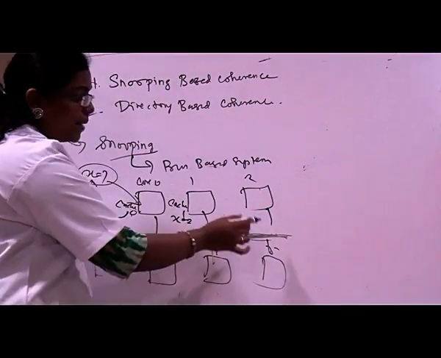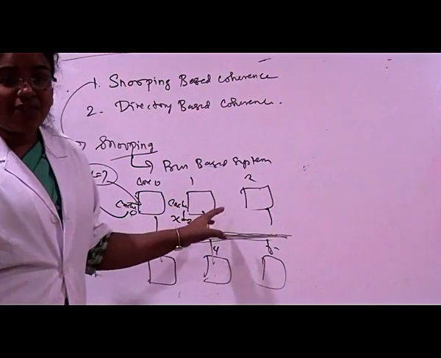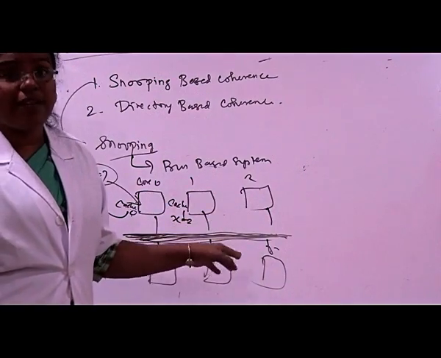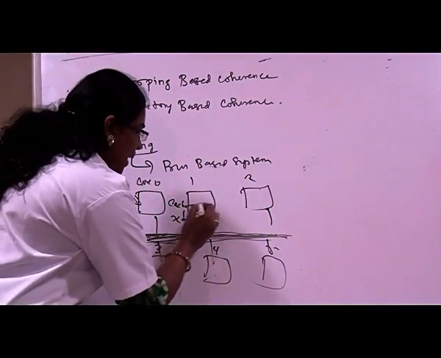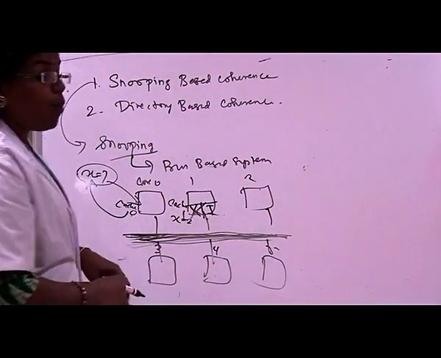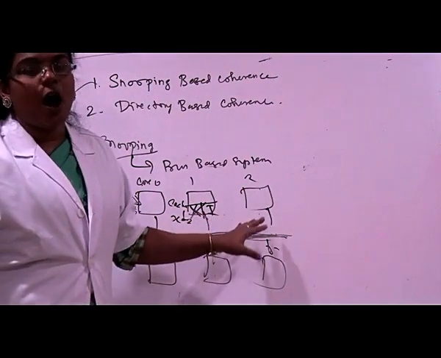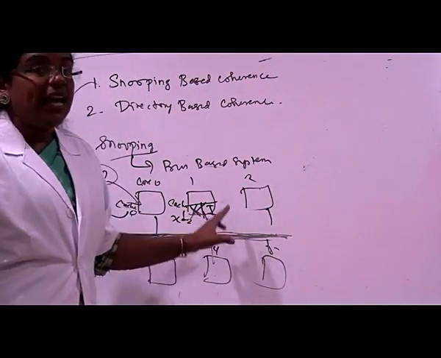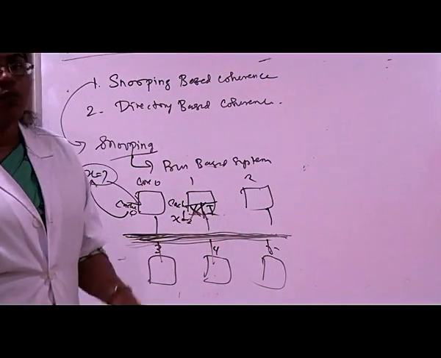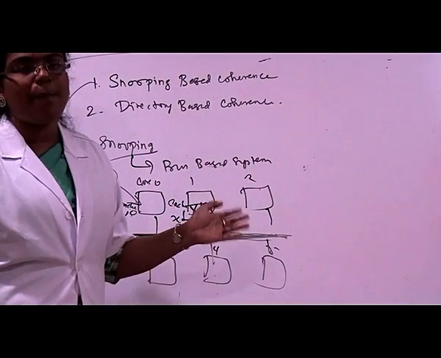That broadcast message will be seen by core 1, and once it has seen that message, it will invalidate the value of X. That is, whatever value you have in your own private cache is not up to date, so it will be invalidated. This is one method for maintaining coherence between the caches of a multi-core.